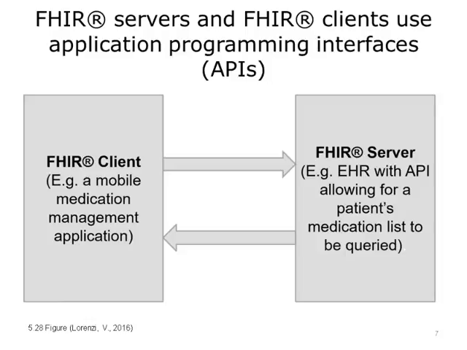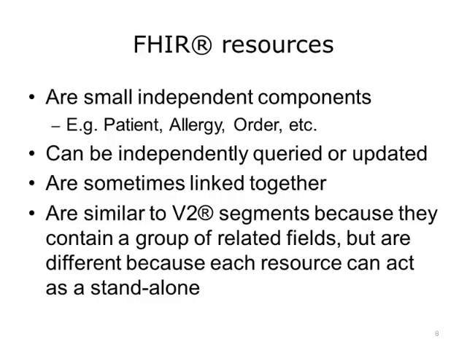A fundamental concept of FHIR is that the information exchanged is communicated in small, independent components called resources. Some examples of resources are patient, allergy, and order. So in V2, the information was in segments, whereas in FHIR, the information is in what is called resources.